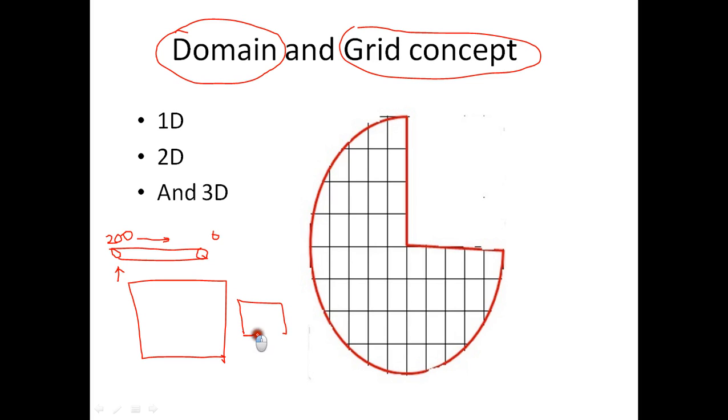Say maybe it is a car or something like that. It can be a three-dimensional problem domain. So domain is nothing but our real life problems. For example, it can be the whole earth, or it can be a simple rod, or it can be even a car, especially in aerodynamics.